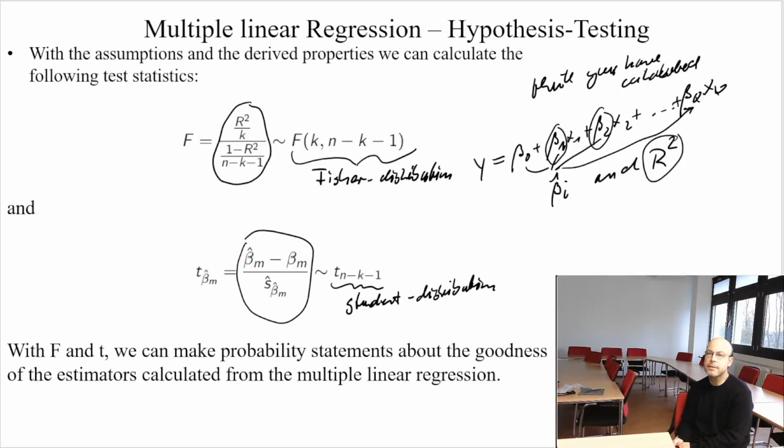And with these two testing parameters, we can make some statements about how good our parameters are and how good our estimated correlation is, in order to conclude from this a statement for the whole population.